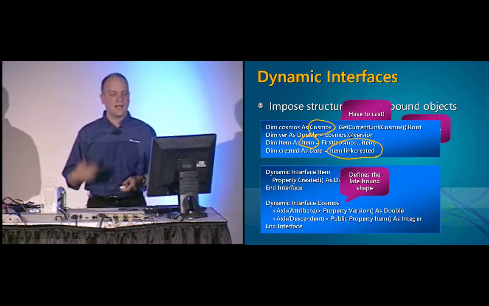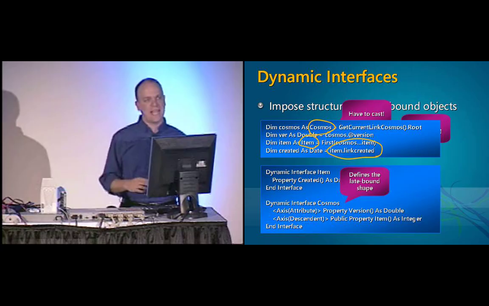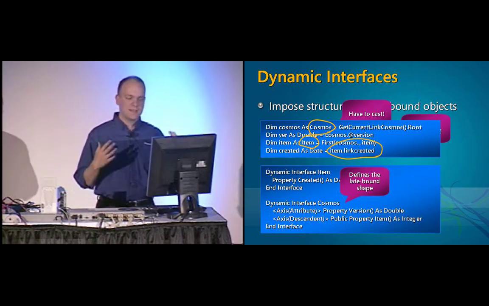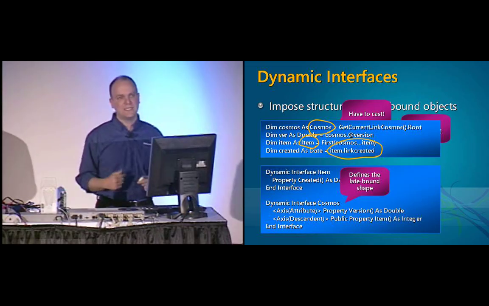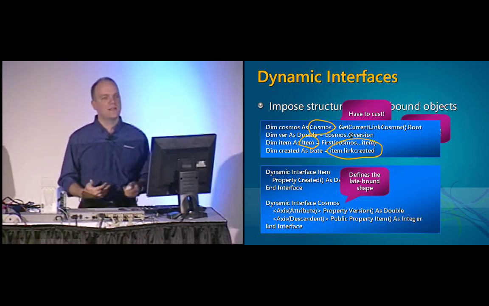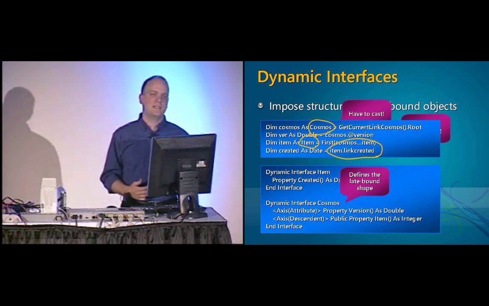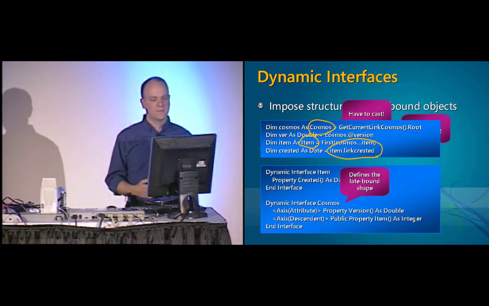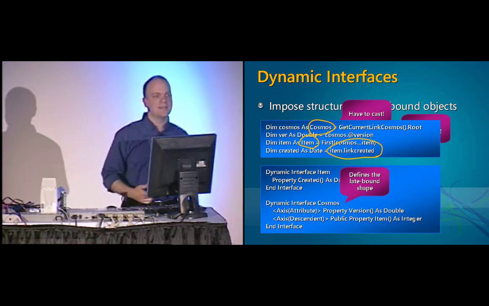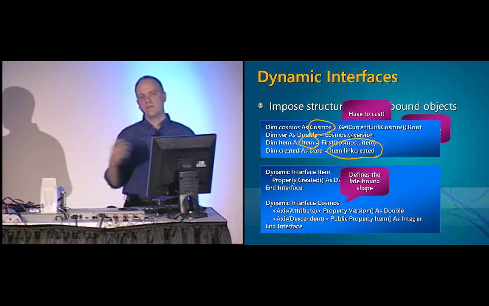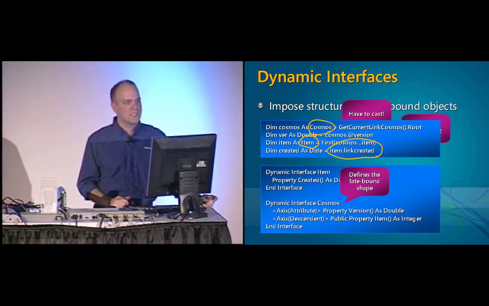I know that cosmos.at version, the attribute version, is going to be a double value. I know that the link created date is going to be a date. But the compiler has no way of knowing this. And even worse, I'm not going to get IntelliSense because this is late binding. When I say item dot, because it's late bound, the compiler doesn't know there's going to be this link created sub-item. So it's not going to show me anything.